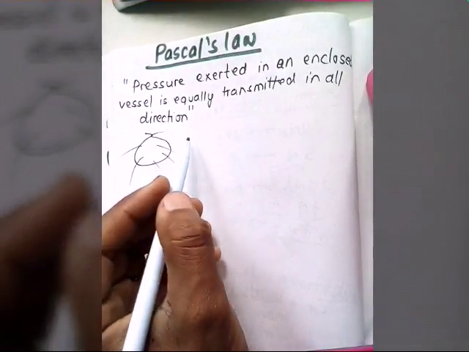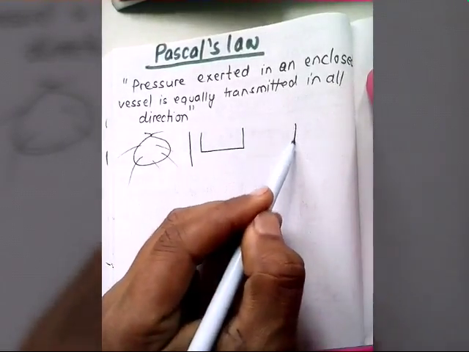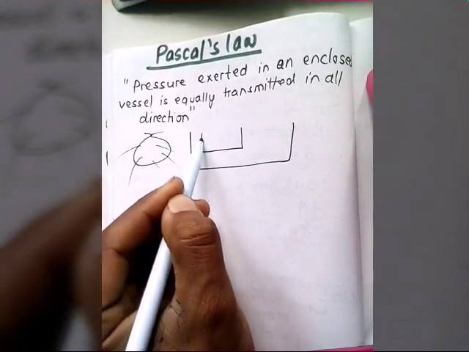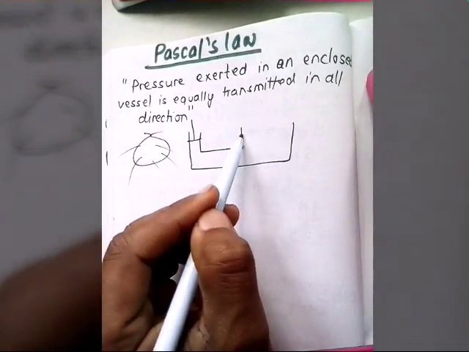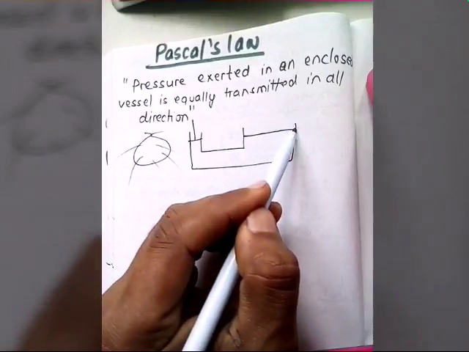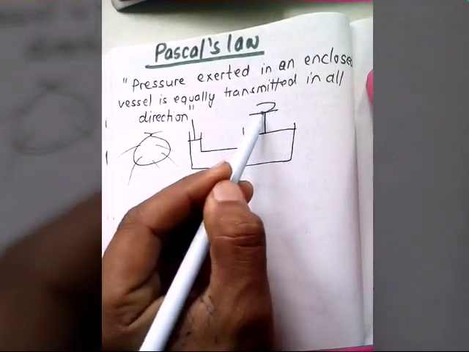The next kind of diagram, which is very popular and asked frequently, is this one. So we have two pistons over here: a small cylinder and a large cylinder, and the large cylinder is fitted with a large piston. We have a certain load over here.